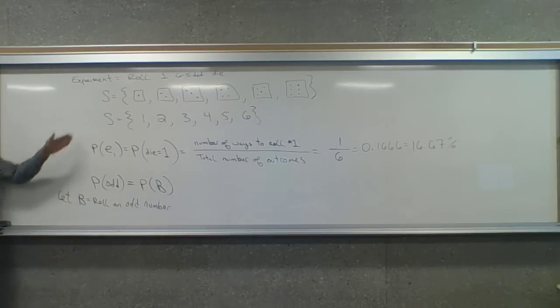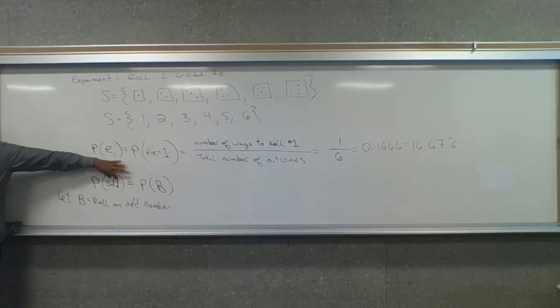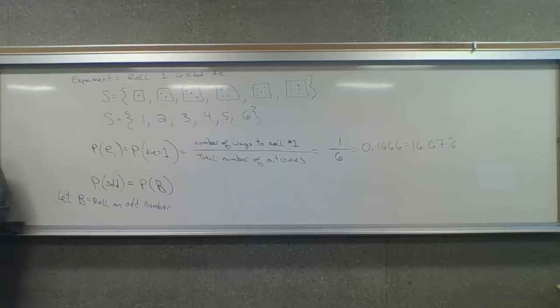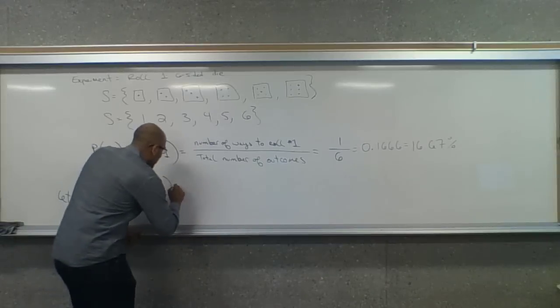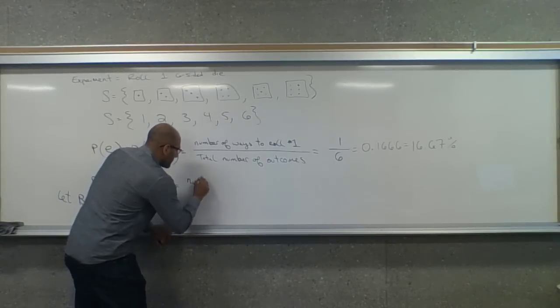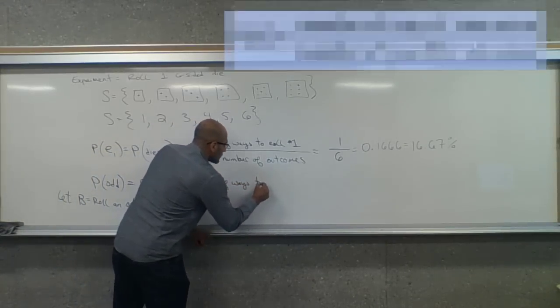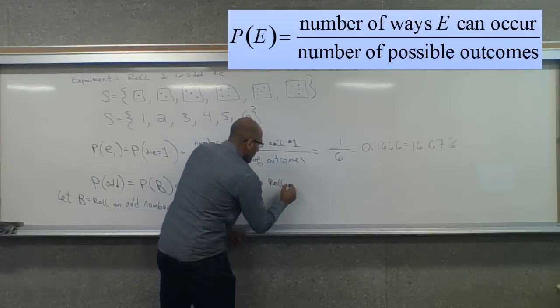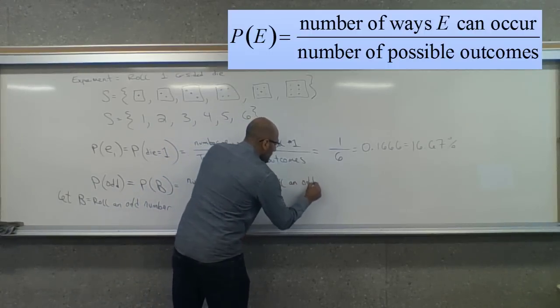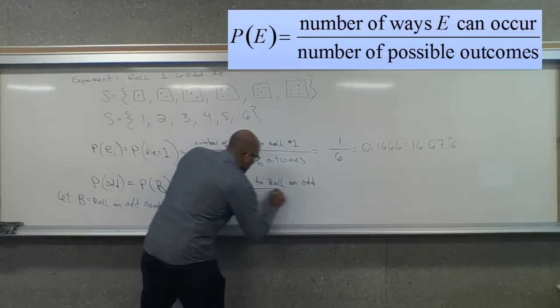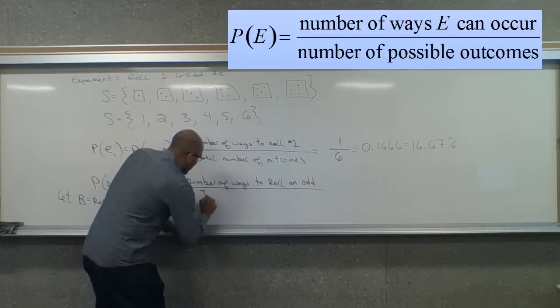You don't have to do them both, it's just sometimes one makes more sense than the other. Or sometimes you want to just write down the whole thing, roll an odd number. All right, so now this is going to be equal to the number of ways to roll an odd divided by the total number of outcomes.